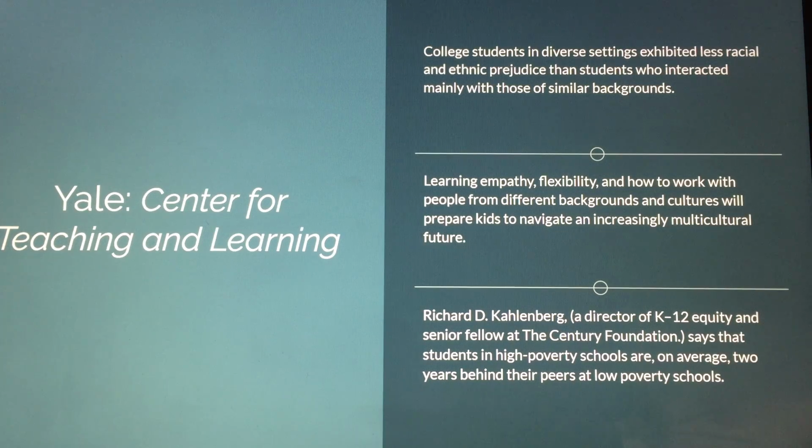Now, finally, was about kind of an expert in the diversity field, and it says that students in high poverty schools are, on average, 2 years behind their peers at low poverty schools.